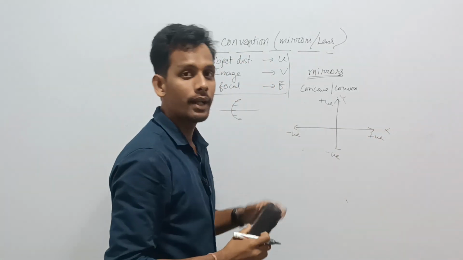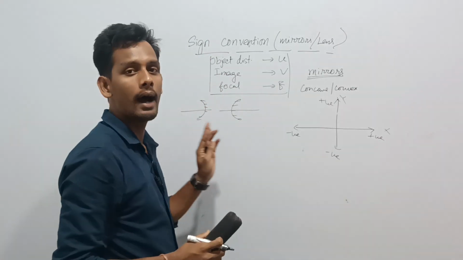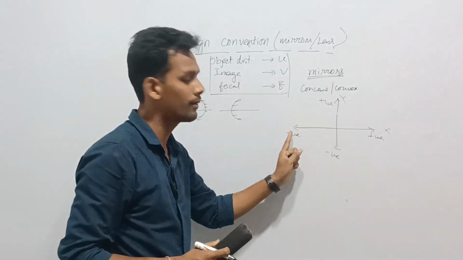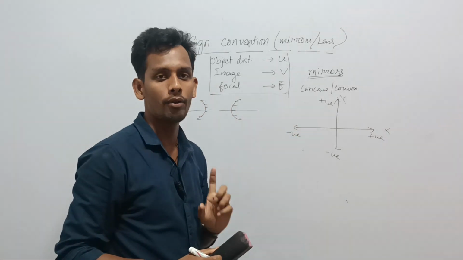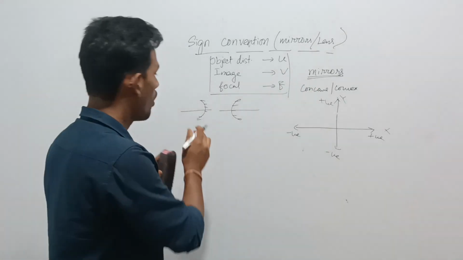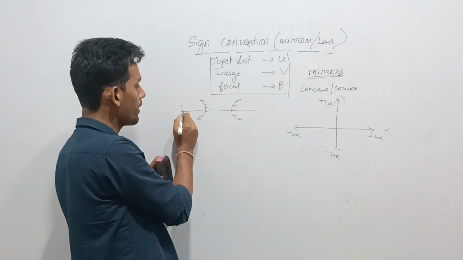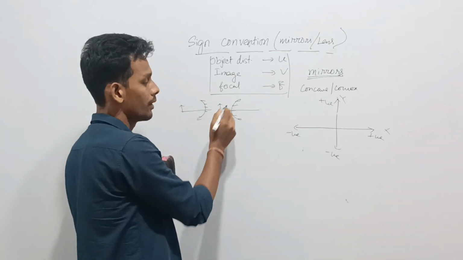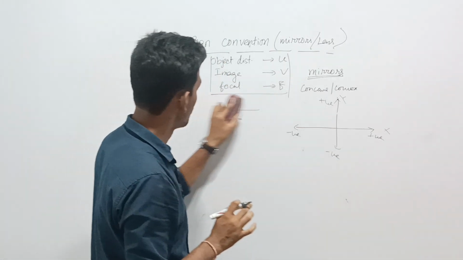Distances towards the left of the mirror are negative. Towards the right of the mirror, the distances are positive. So for a concave mirror or a convex mirror, the object is always placed at the left side. Clear?